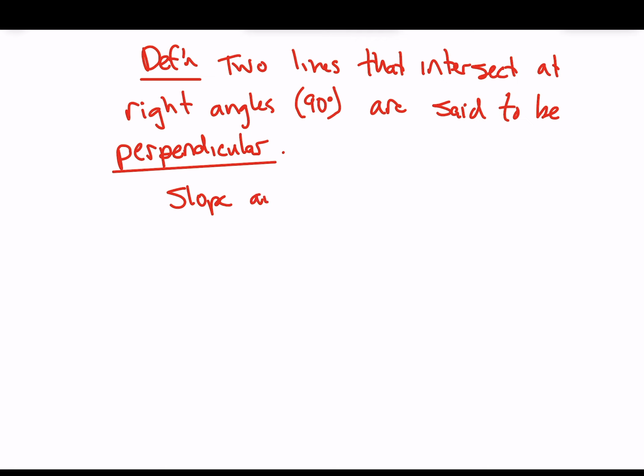So slope and perpendicular lines. Here are some properties we get.